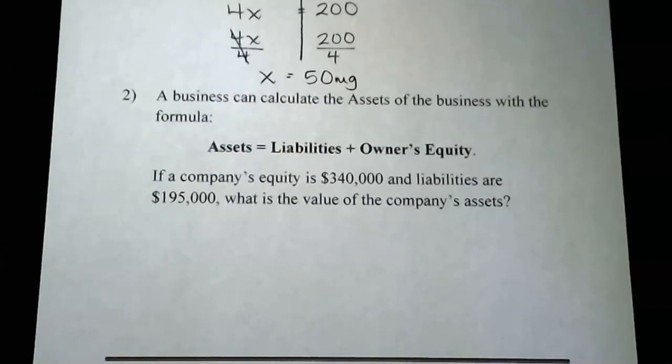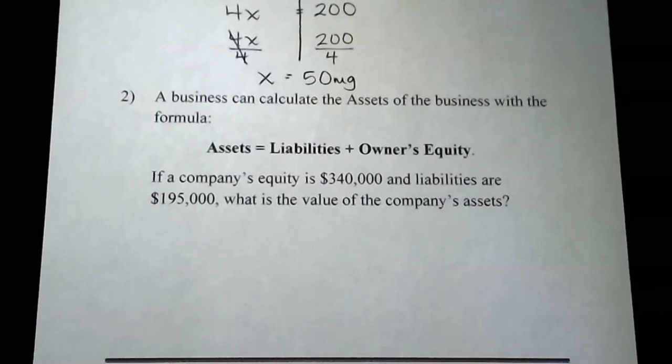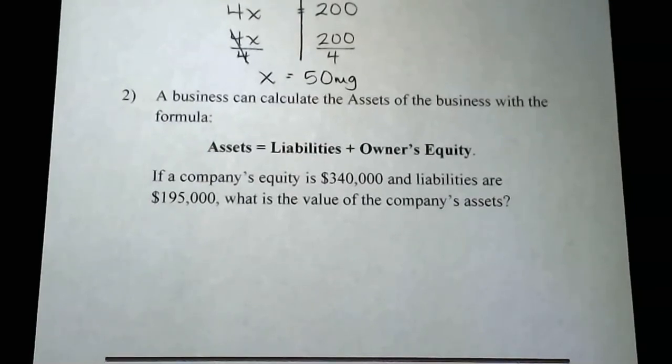Okay, for number 2, they tell you that a business can calculate the assets of the business with a formula. Assets equals liabilities plus the owner's equity. So they're giving you an equation up front and then giving you some values. If a company's equity is $340,000 and liabilities are $195,000, what is the value of the company's assets?